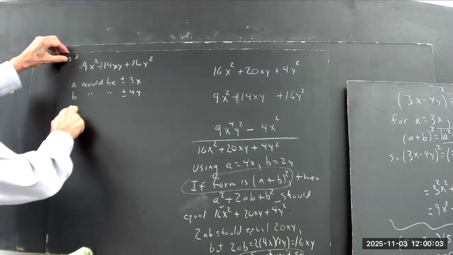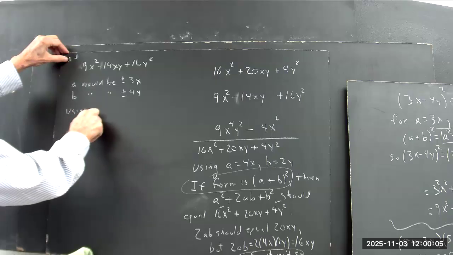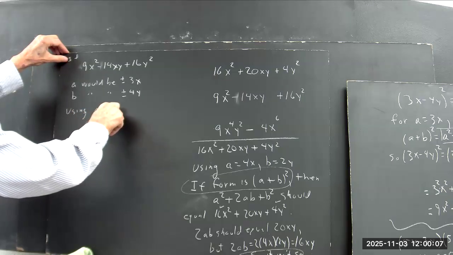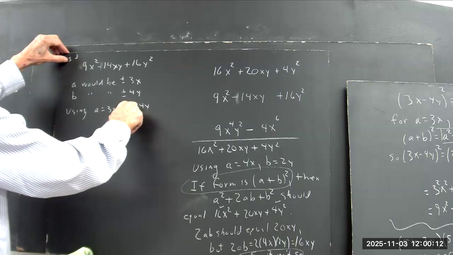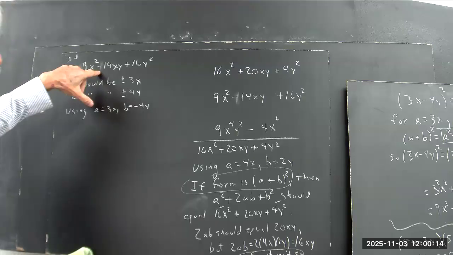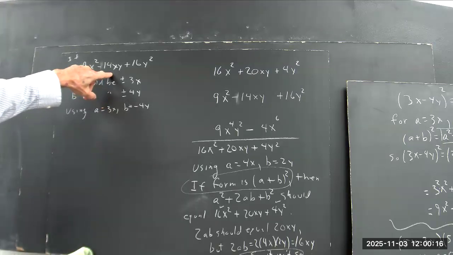Now, using A equals 3x, B equals negative 4y, you see you have a negative 14xy here.